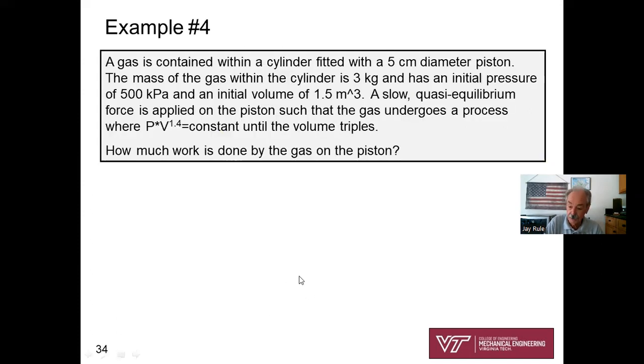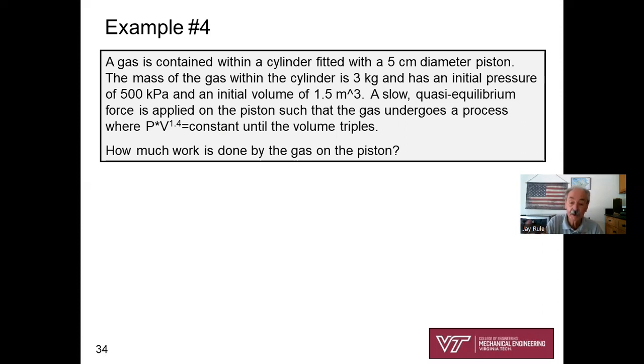Here's another, more difficult classic quiz question, very similar to example 3. A gas is contained within a cylinder fitted with a 5 centimeter diameter piston. The mass of the gas within the cylinder is 3 kilograms, with an initial pressure of 500 kPa and an initial volume of 1.5 cubic meters. P1, V1 given.